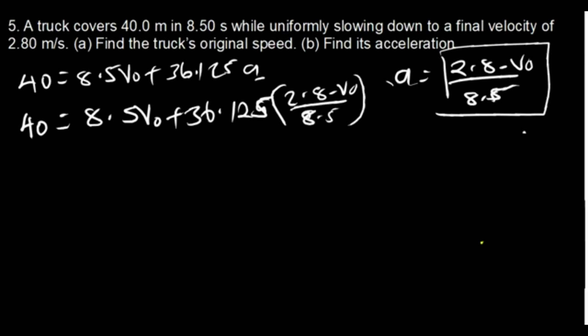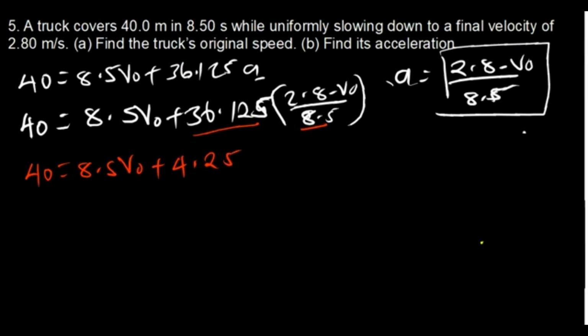Now I'm going to divide this 36.125 by 8.5, so that I eliminate the bottom part. So I'm going to have 40 is equal to 8.5 v initial plus 36.125 divided by 8.5.